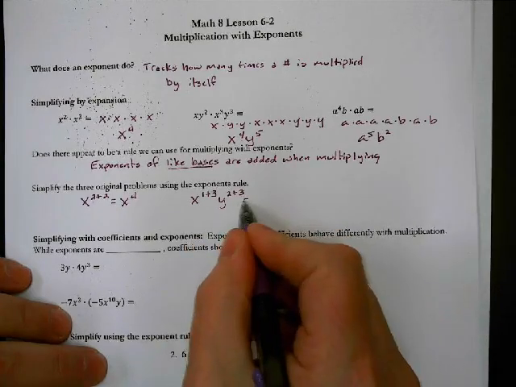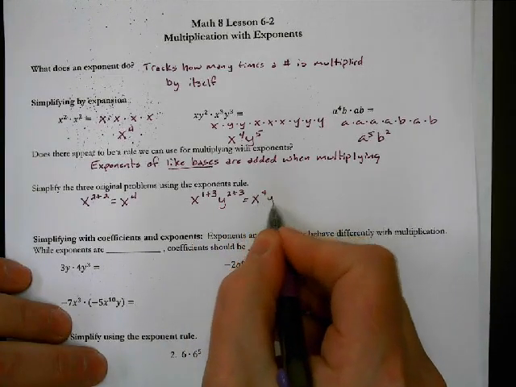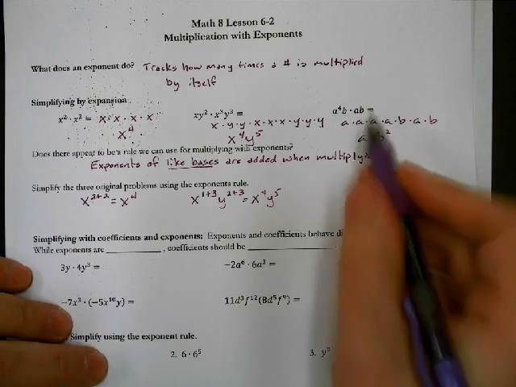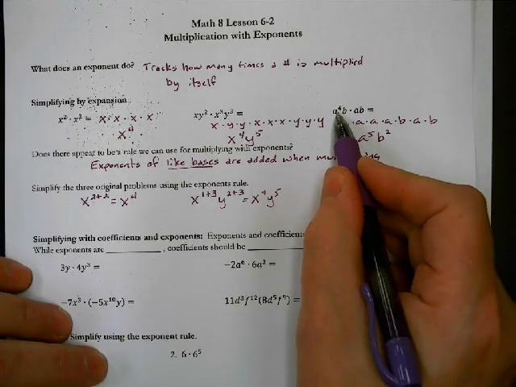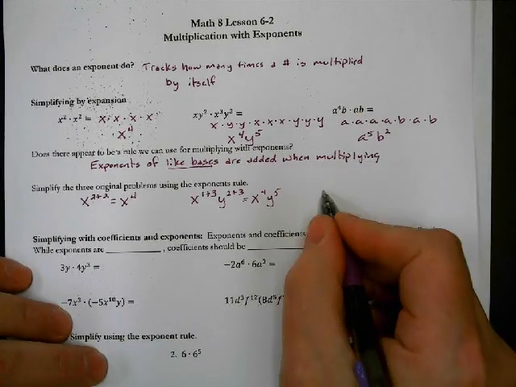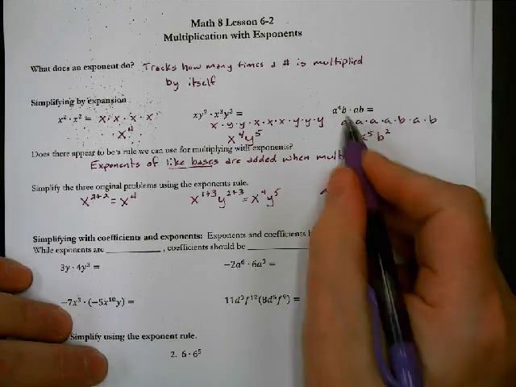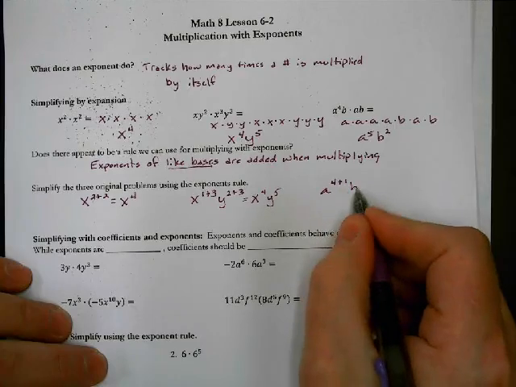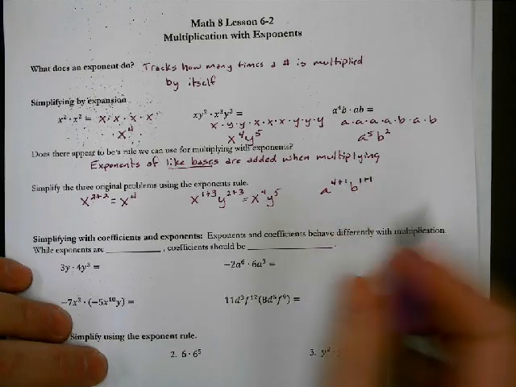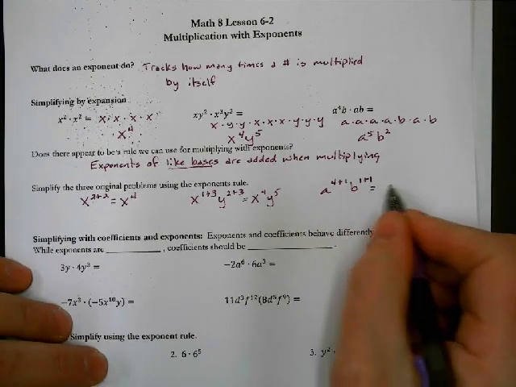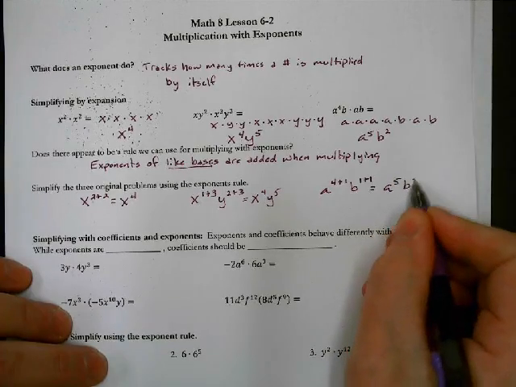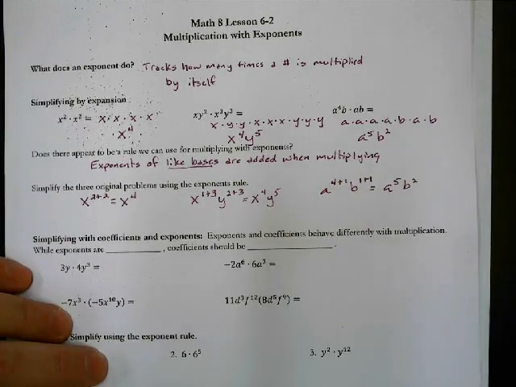Which comes out to x to the 4th, y to the 5th. Next one, I've got a to the 4 plus 1, because I'm only doing a's, the like bases, and then b to the 1 plus 1. So that becomes a to the 5th, b to the 2nd, exactly what we got right there.